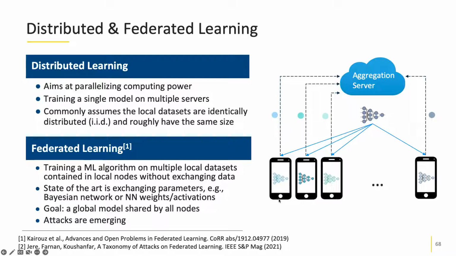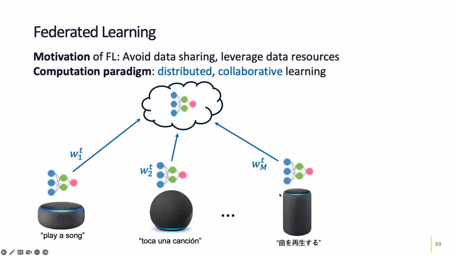And for federated learning, the edge users perform local learning on their own dataset and communicate with the server to receive the updated model at each round. Here we give a more detailed illustration of how federated learning works.